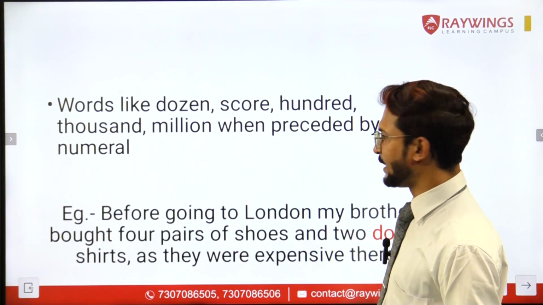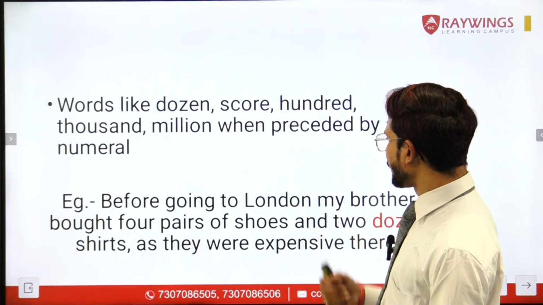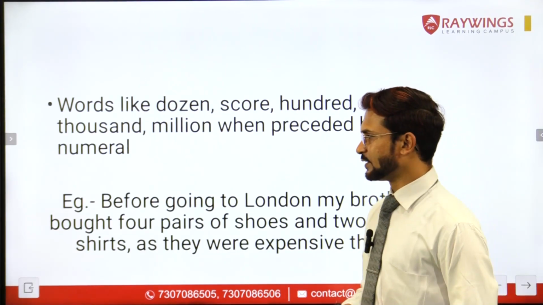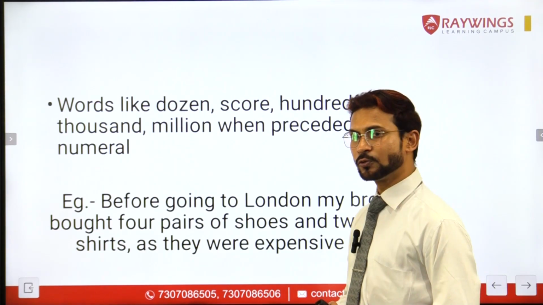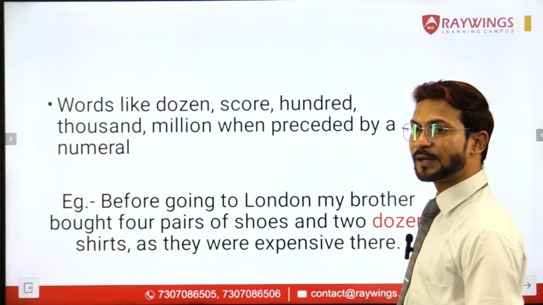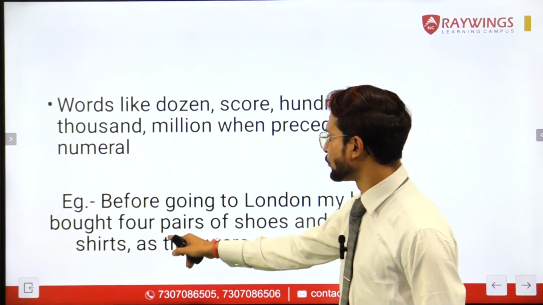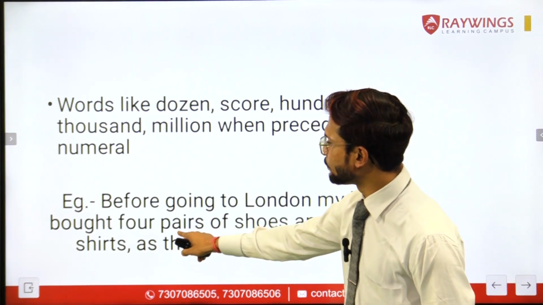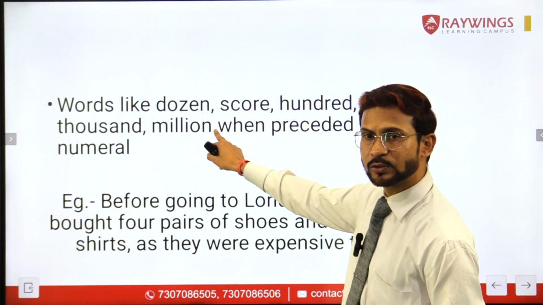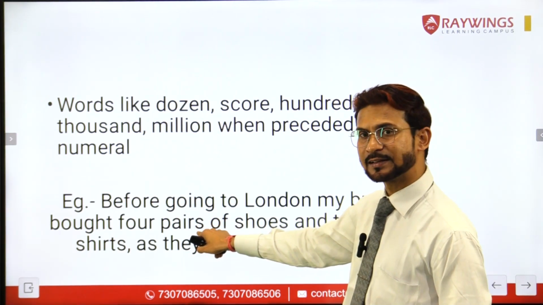Let us look at the example. Example says, before going to London, my brother bought 4 pairs of shoes and 2 dozen shirts as they were expensive there. Now you can see in this example, it says 4 pairs of shoes. The word pairs was not included in this category, so that is why it has s at the end.